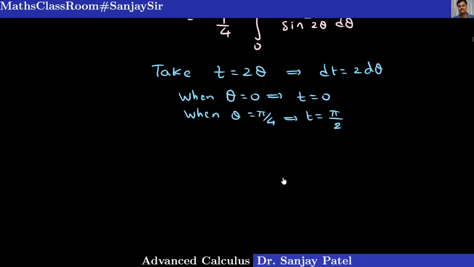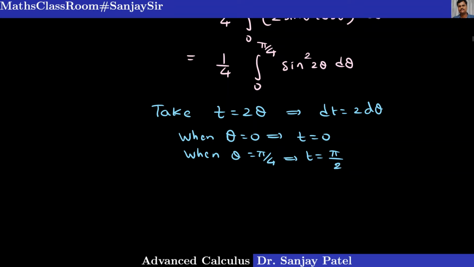Putting all these values in the above integral, I can write this integral as 1 by 4 integral 0 to pi by 2 sine square t, and d theta is 1 by 2 times dt.